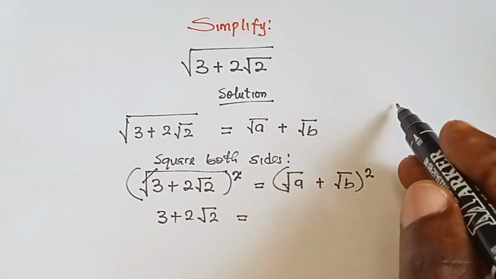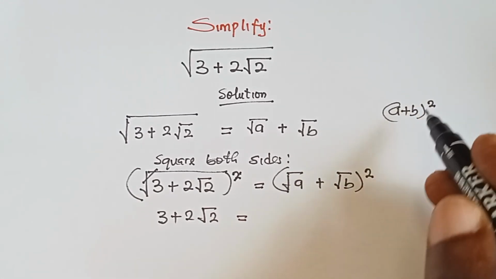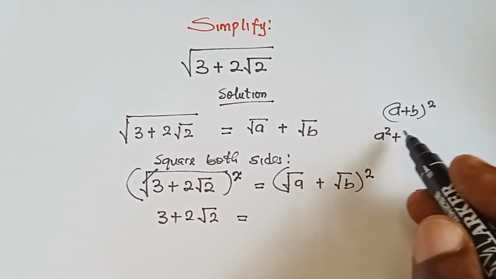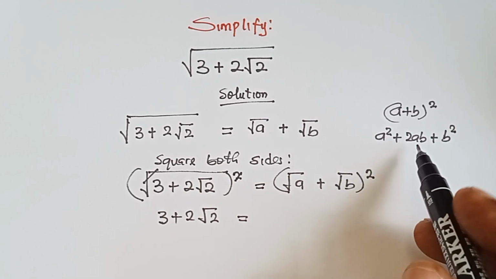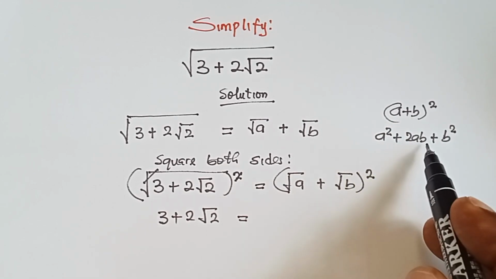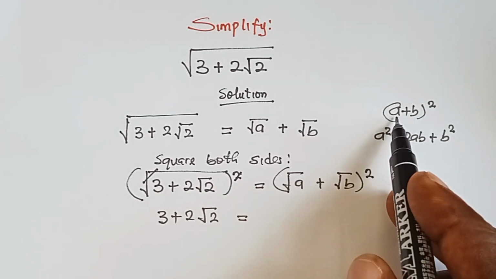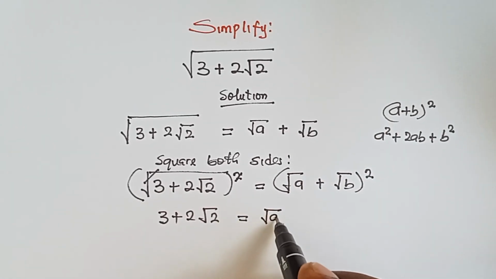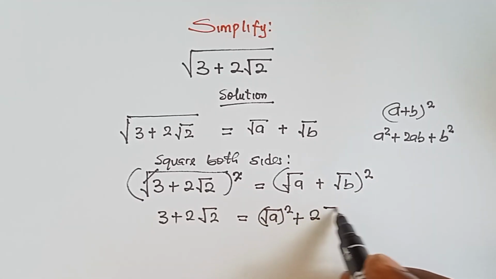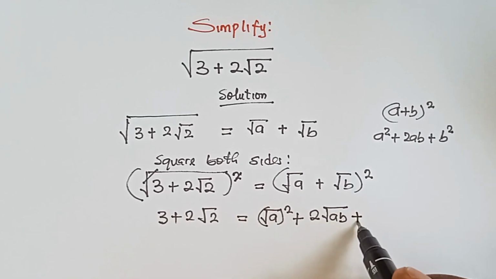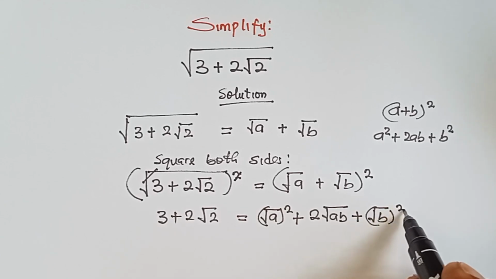There's a general formula that says if we have (a plus b) squared, it turns to a squared plus 2ab plus b squared. So we can apply that here as well. Here, root a represents a, that gives root a squared, plus 2ab, that is 2 root ab, plus b squared, and we have root b, that is root b squared.